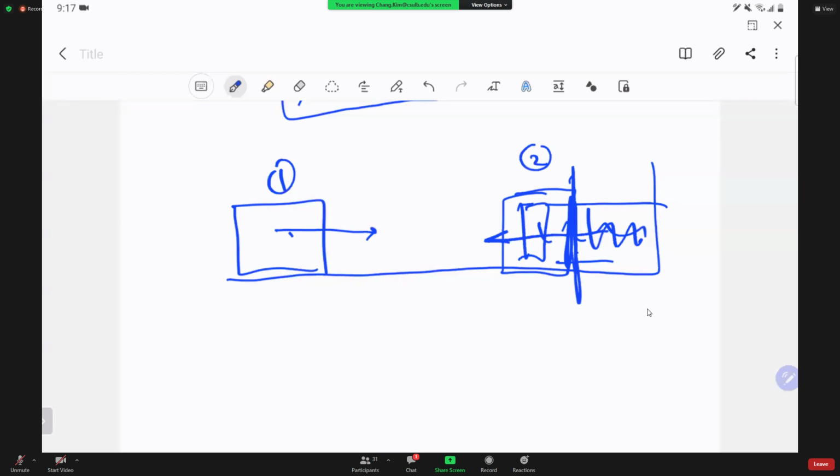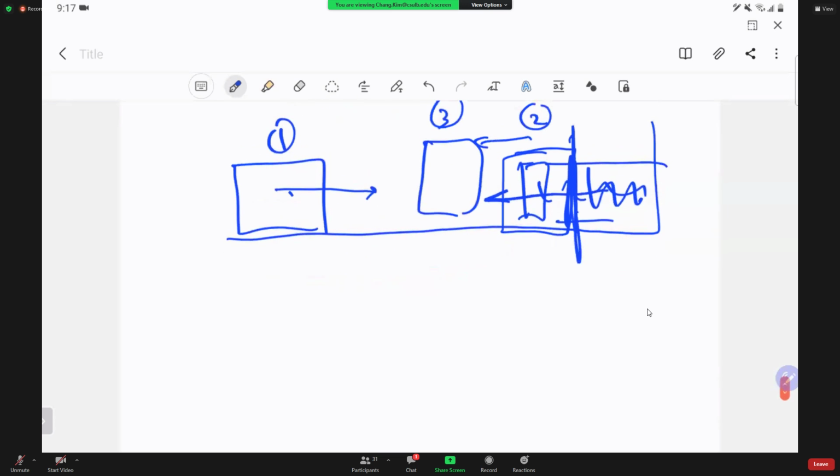Yeah, I think that is correct. Now we need to set up the same energy equation going from position 2 to position 3.